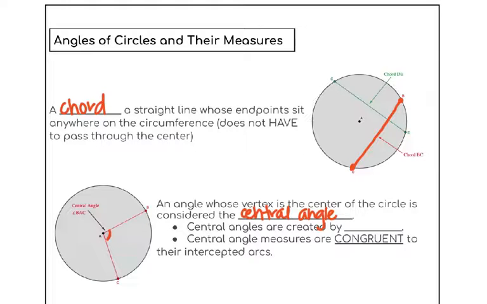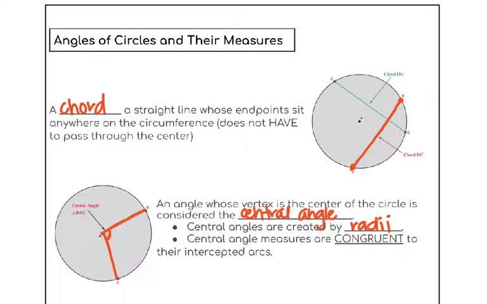Now let's talk about some properties of central angles. So central angles are going to be created by these lines that go from the center to the circumference. And if you remember, that is called the radius, or if you have multiple, it's called radii. Now the central angle measures are going to be congruent to their intercepted arcs.